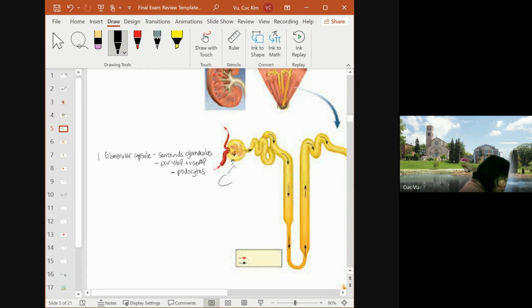It looks like a foot with these toes, and there would be another foot over here with these toes. Between these cells, this air right here forms what's called the filtration slits, which is perfect for what?